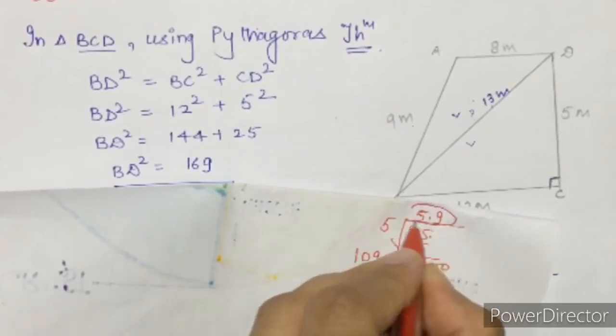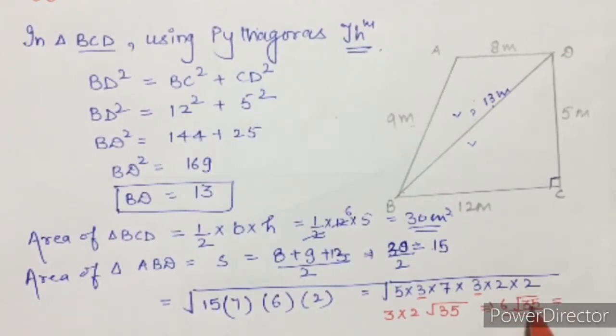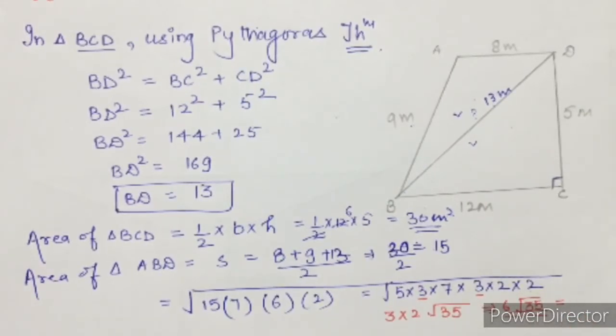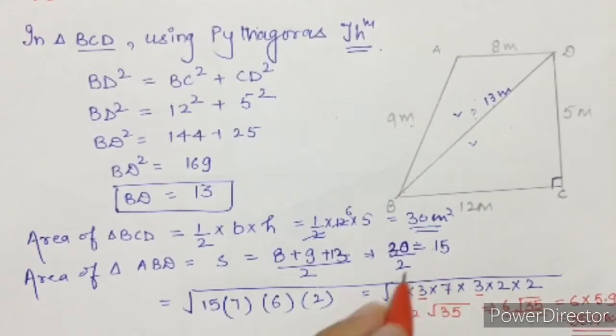Okay, it is enough, 5.9. So the value of root 35 is 5.9. 6 multiplied by 5.9, 6 9s are 54, 6 5s are 30, 30 plus 5, 35 meters square. This is the area of this triangle.